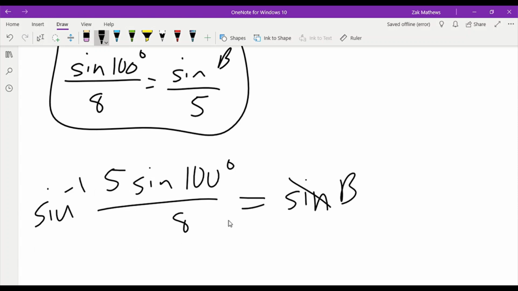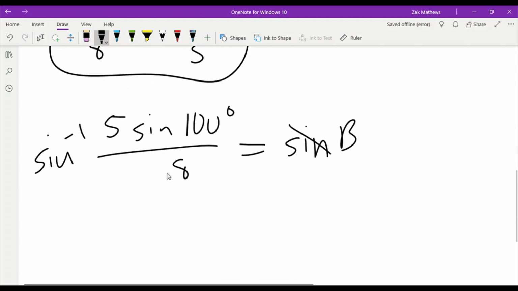Remember, anytime we take the inverse sine, it always gives us an angle that is in the 4th quadrant between negative 90 and 0, or in the 1st quadrant between 0 and 90. If I were to solve this right now, I'll go ahead and do it on a different screen. You won't be able to see. But it's going to give me just that one possibility, and so we have to be the ones to recognize that there is a second possibility still. So let me solve this real quick.